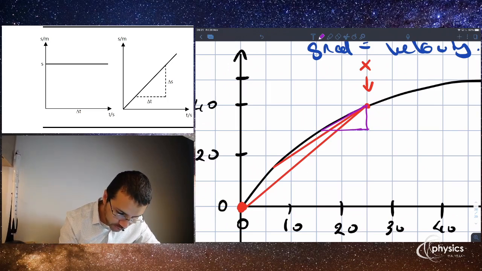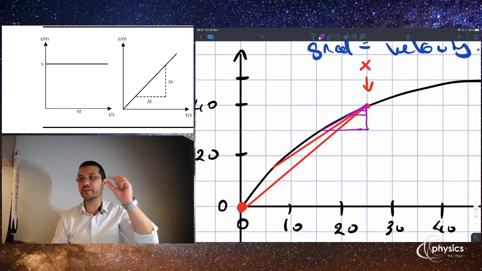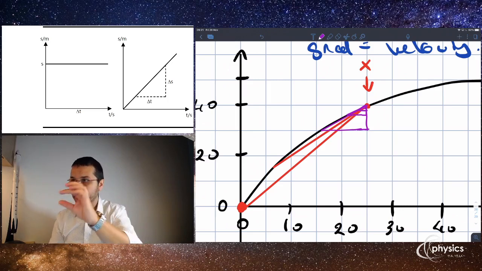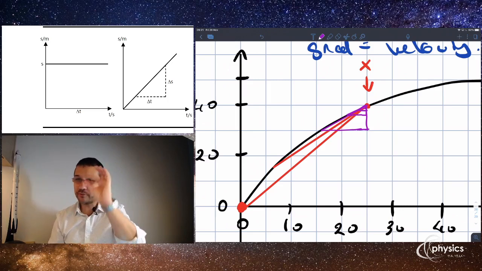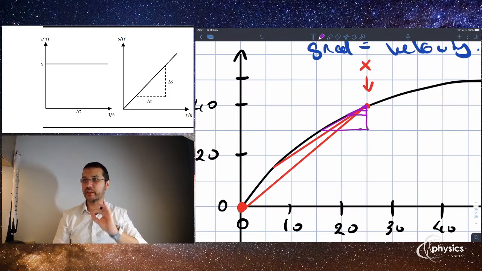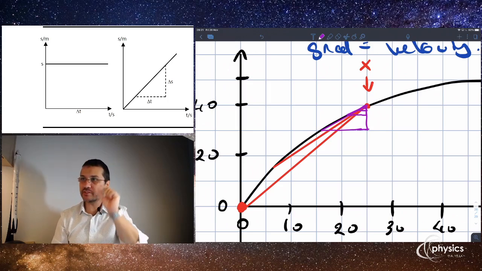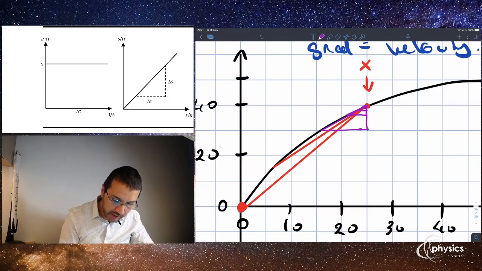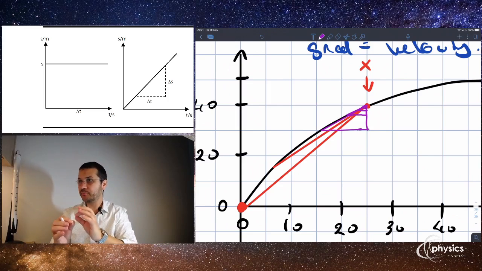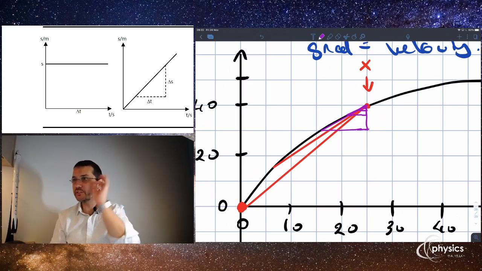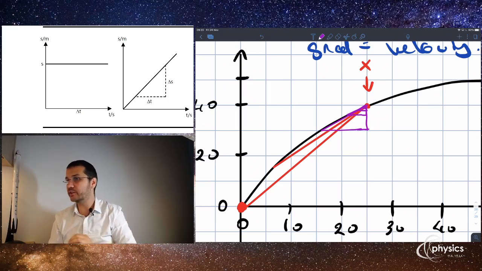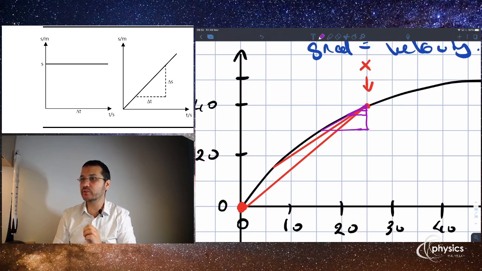And if I continue doing this method, getting closer, closer, closer, at a certain point, if delta x and delta y are very, very small, and that is what d represents, a very small change, I will get at that point, and therefore I will find the gradient at that point as required.